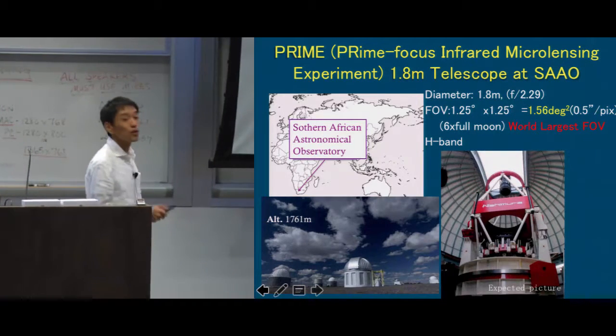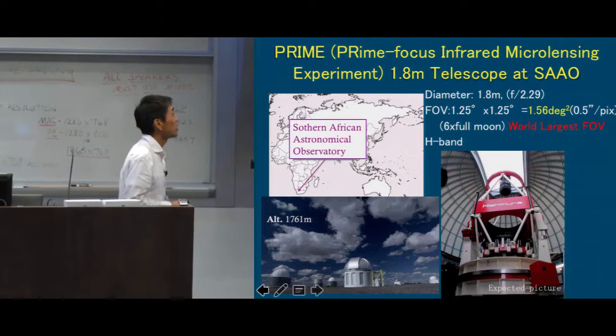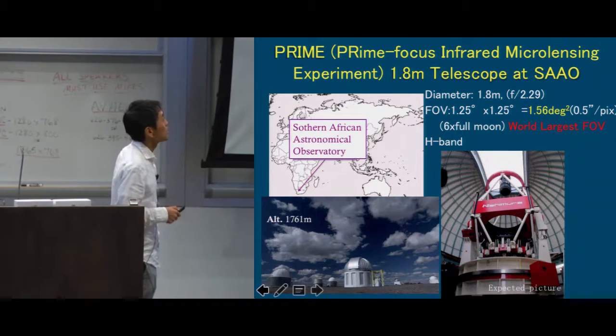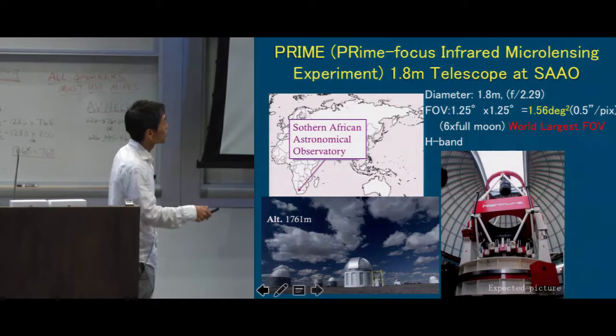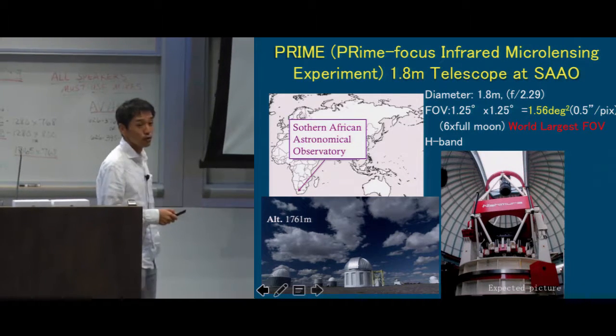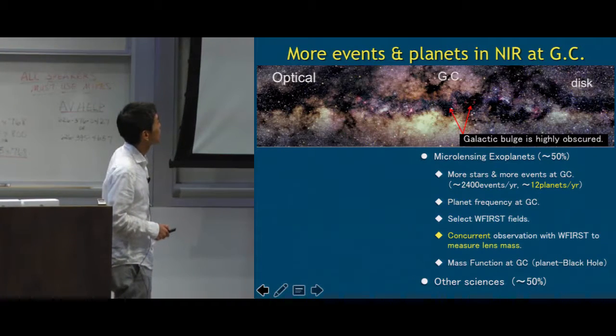And also, before WFOS, we are trying to do an infrared microlensing experiment toward the bulge, building the 1.8 meter telescope at SAO. We're going to have a 1.5 square degree field of view in infrared and conduct an H-band microlensing survey.